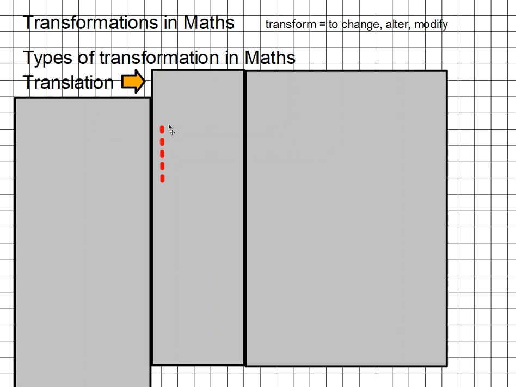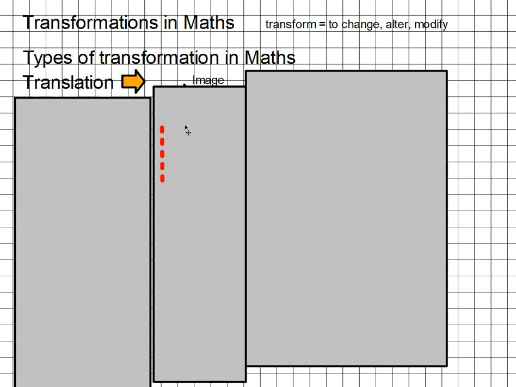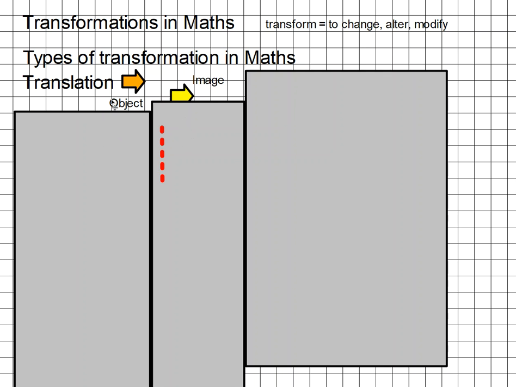One is a translation. That just says to move an object from one position to another. Here's the object and it's been moved from here to here. Where it ends up, or the figure that we end up with, we call the image. Now this one has clearly been moved 3 units to the right and 1 down.